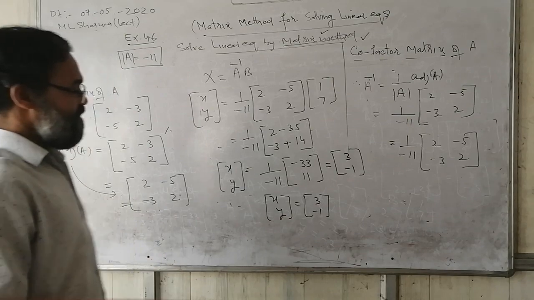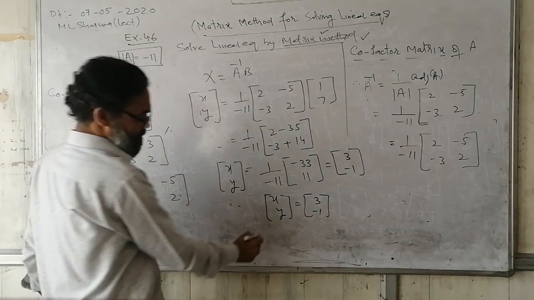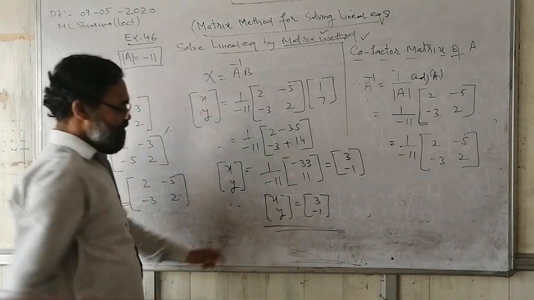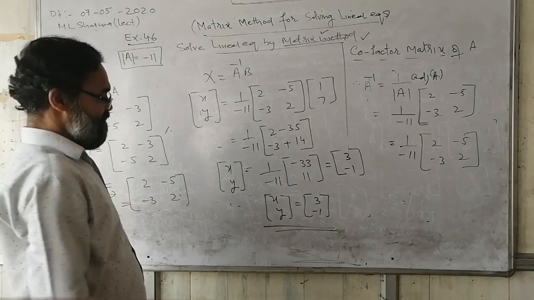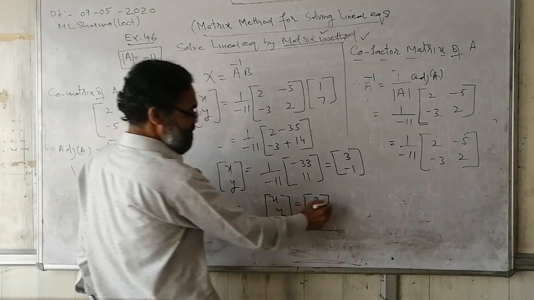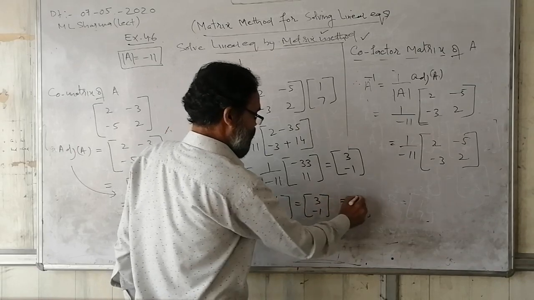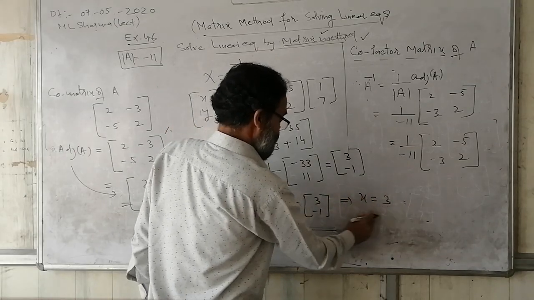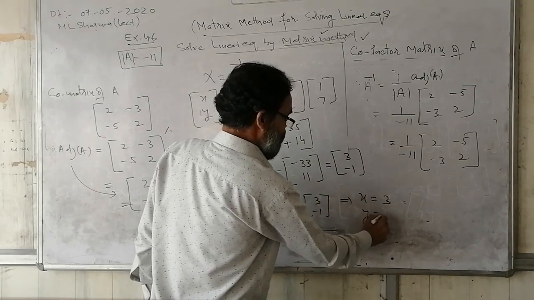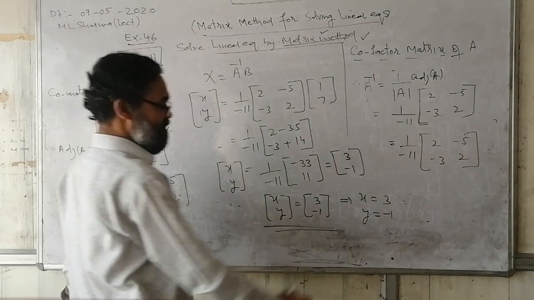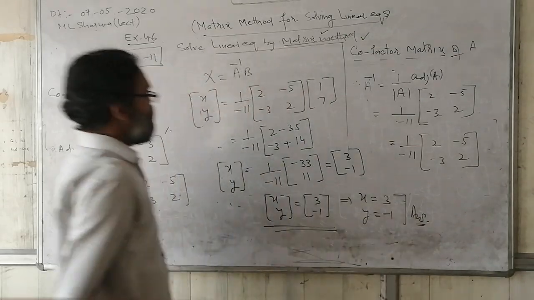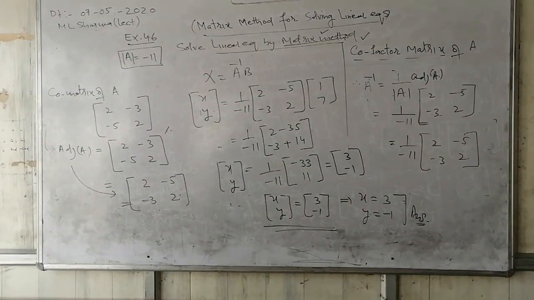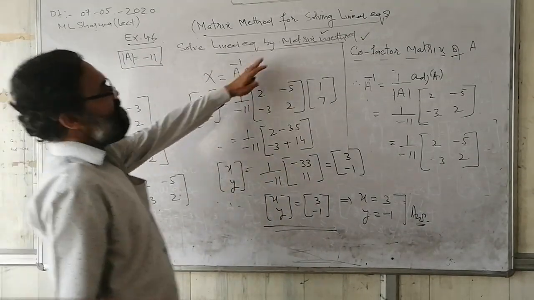Now in matrices we have seen the equality of two matrices. When two matrices are equal, their corresponding elements are equal. So the value of x will be 3, and the value of y will be minus 1. So this is how we can solve the linear equation by the matrix method.